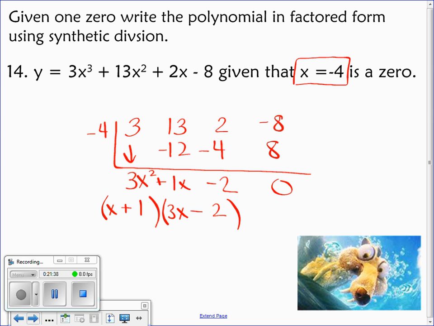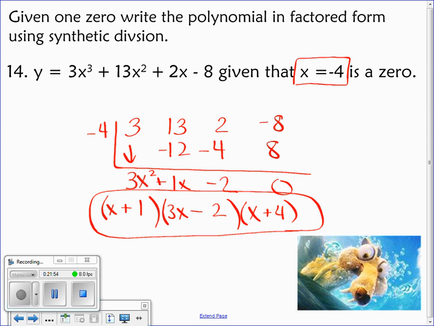And again, if I check, that gives me 3x minus 2x, so I'm okay. I still need to bring down my given. It'll be x plus 4. Good. Yeah, it's that flipping in and out of the factored form to the answer. It always switches your signs.